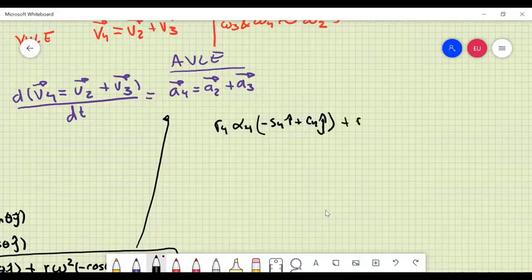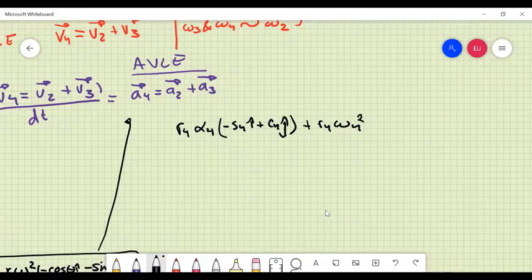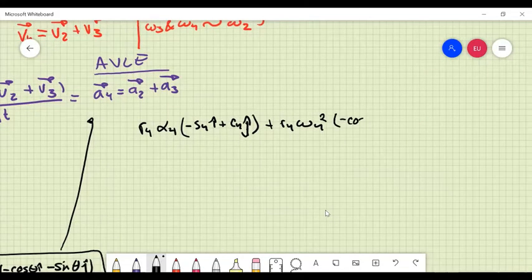And plus R4 omega 4 square, minus C2, C4, I, plus, minus sine 4j.